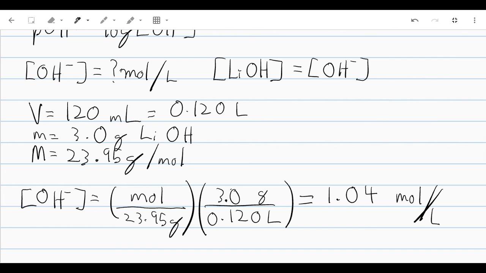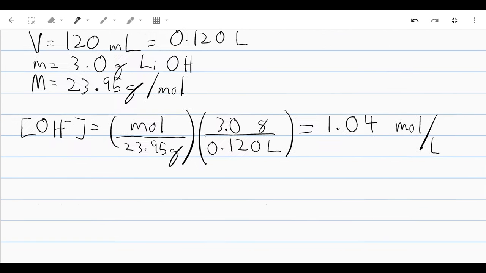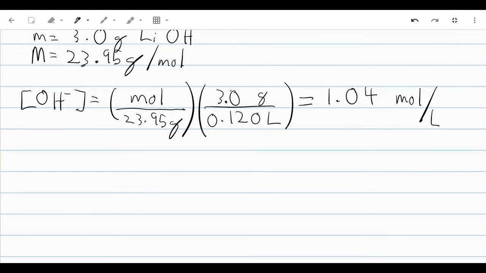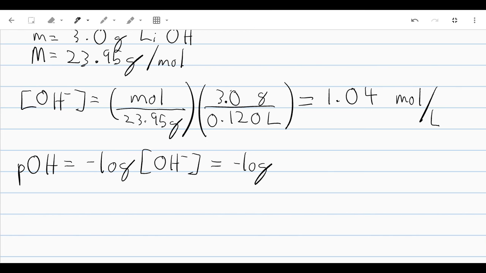Now, we are going to use this number in our next step to calculate the pOH. pOH is the negative log of the hydroxide ion concentration. So that means it will be the negative log of 1.04 moles per liter. Now, that moles per liter is going to disappear. pH and pOH do not have units.